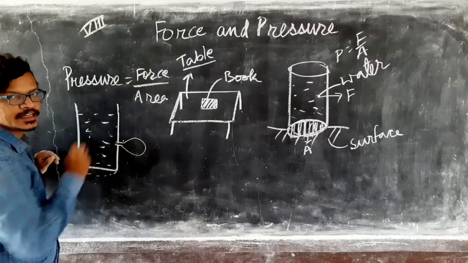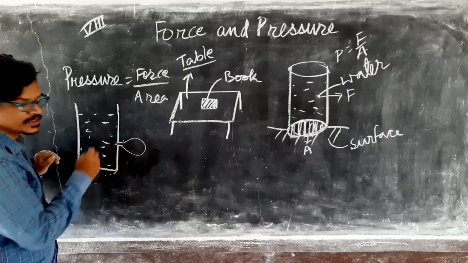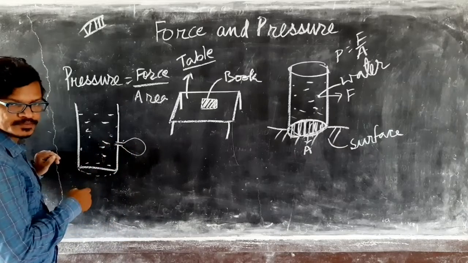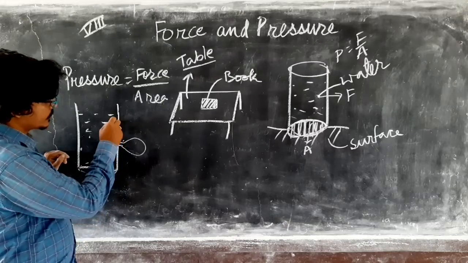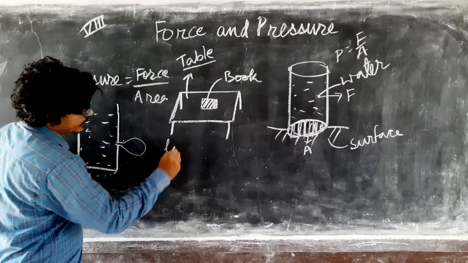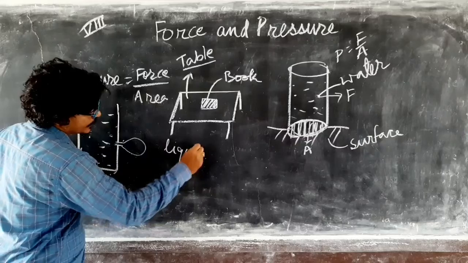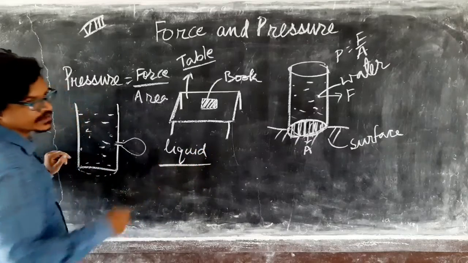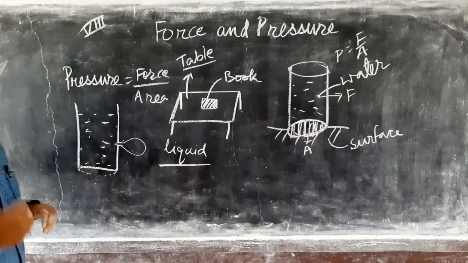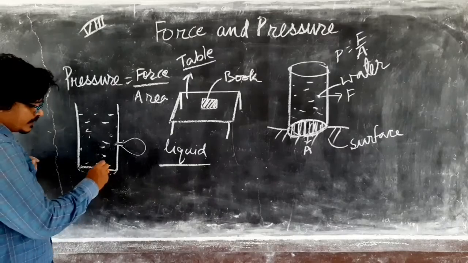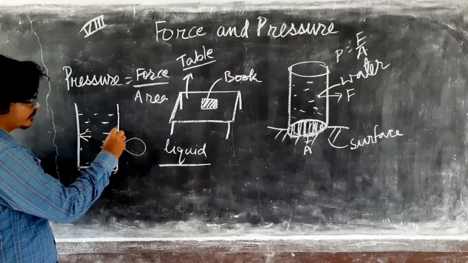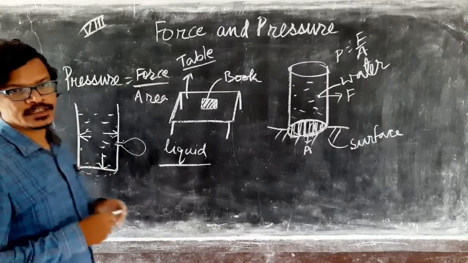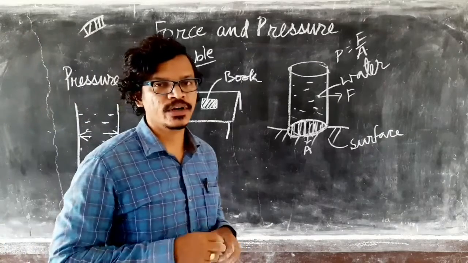This balloon will get inflated due to the pressure applied by the water. So water or liquid applies pressure to the container in all directions. In this direction also, in all directions.